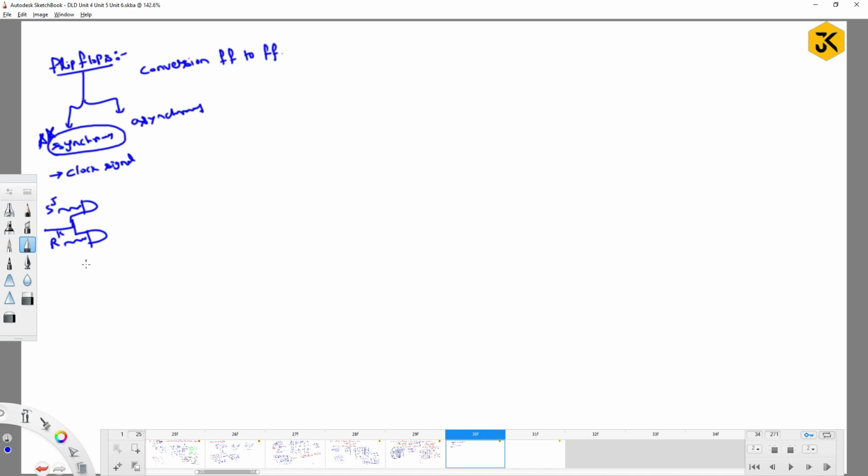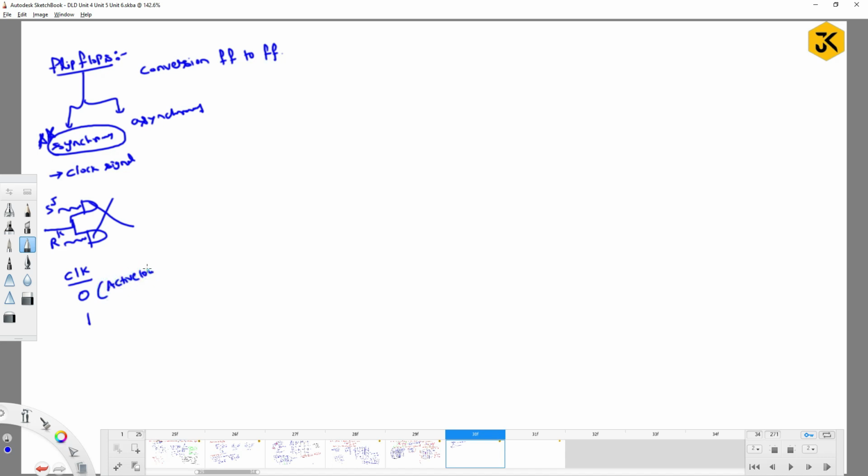If the clock is off, your entire circuit is in the off state. But when the clock is passed, the clock value can be a high voltage or a low voltage. High voltage, I am saying in terms of active low.